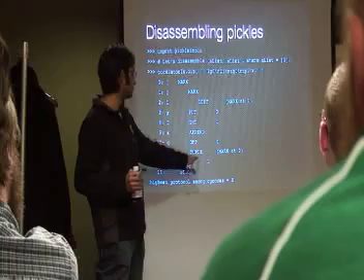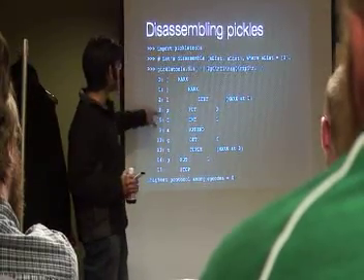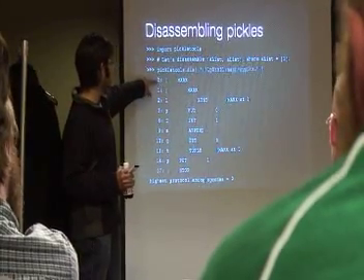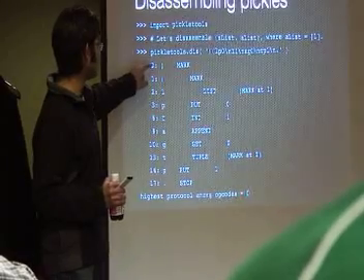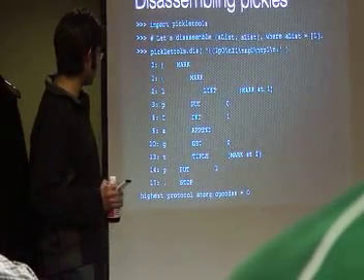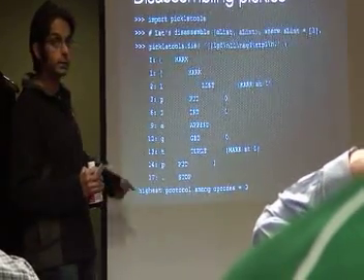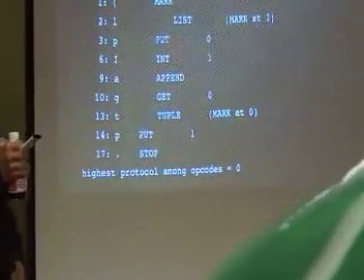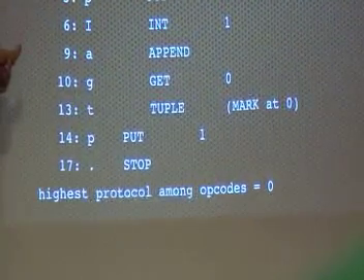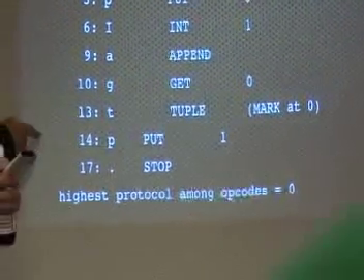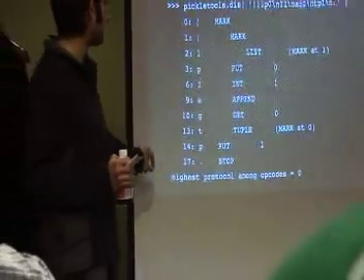And then we're going to execute the tuple instruction, which says go back to the first mark we can find and take that and all the objects in between it on the stack and make a tuple out of it. So essentially, we're just going to make a tuple out of those 2 identical objects that we have on the stack.